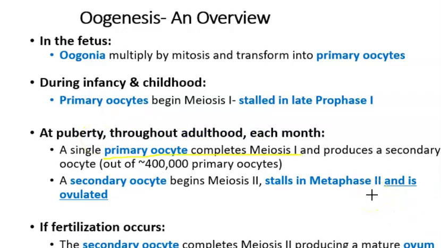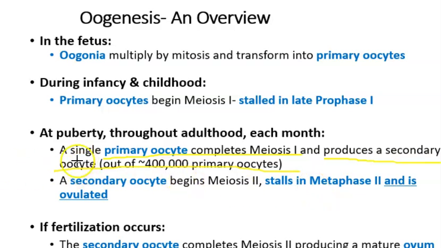I don't mean that just one does. A group does each month. And eventually, we will get a secondary oocyte, but it's going to depend on which follicle becomes dominant, which one goes all the way to the secondary oocyte stage, okay?